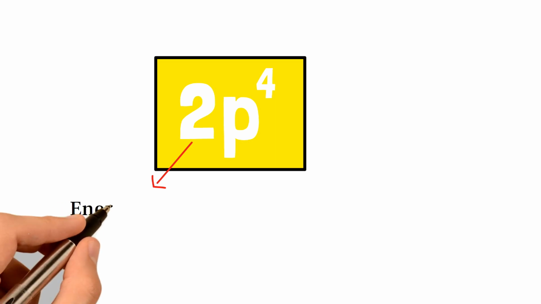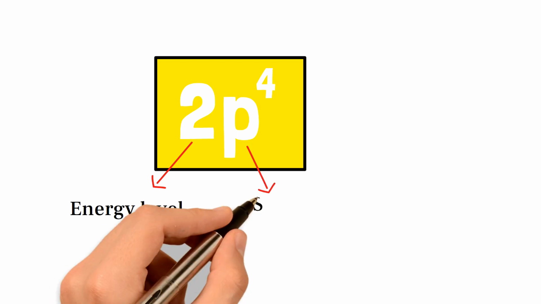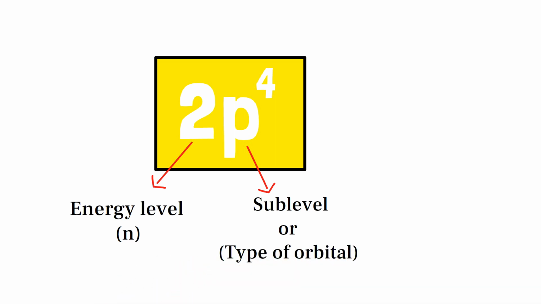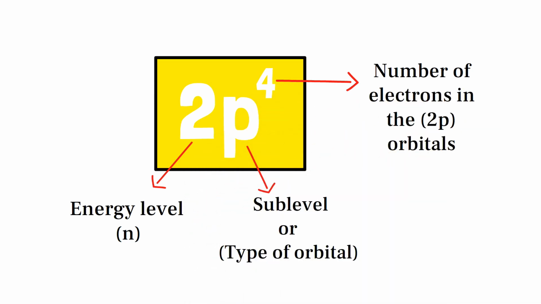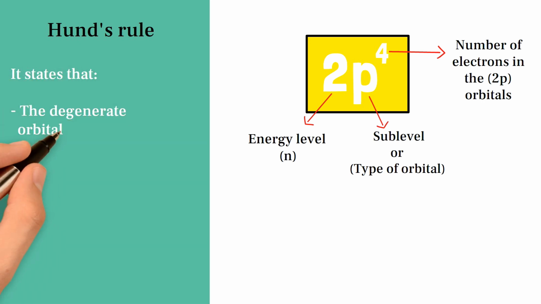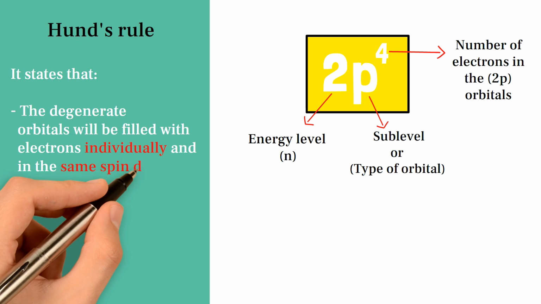In this way, the electron configuration is written, where the number of the main energy level is written, and next to it is the sublevel symbol, and above it is the number of electrons in the 2p orbitals, which are distributed according to Hund's rule, which states that the degenerate orbitals will be filled with electrons individually and in the same spin direction.